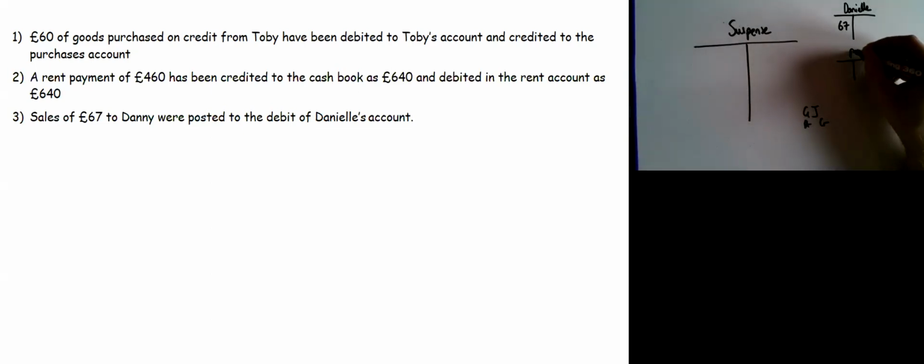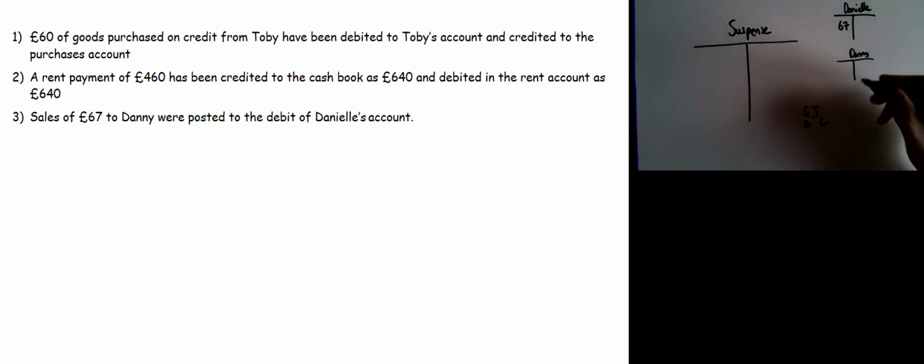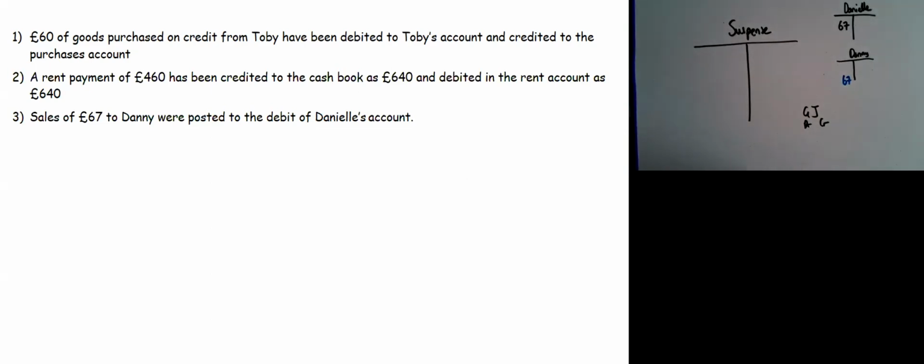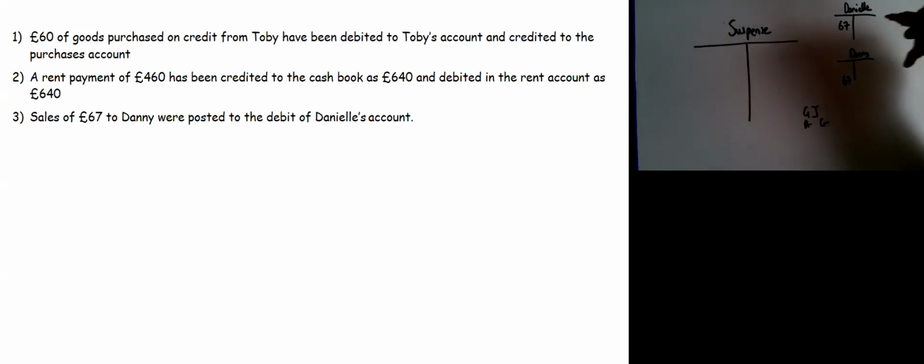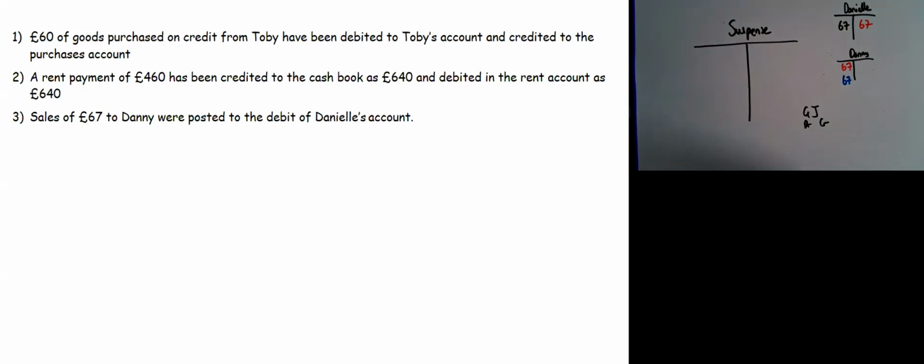However, it should have been put on Danny's side. So to fix it, we're going to take the 67 from there and put the 67 there. So again, no suspense needed. So we're going to debit Danny 67 and credit Danielle 67. So that's an error of commission because they're both customers.